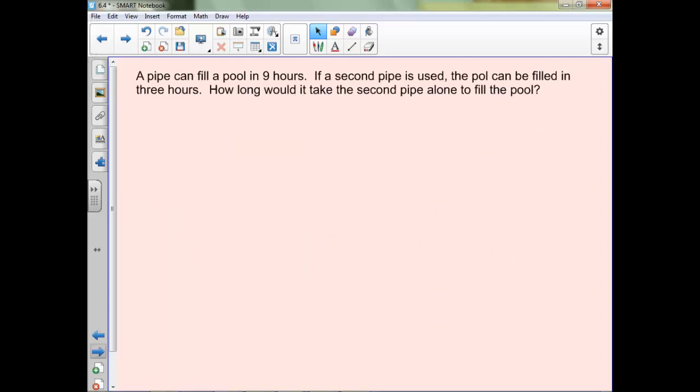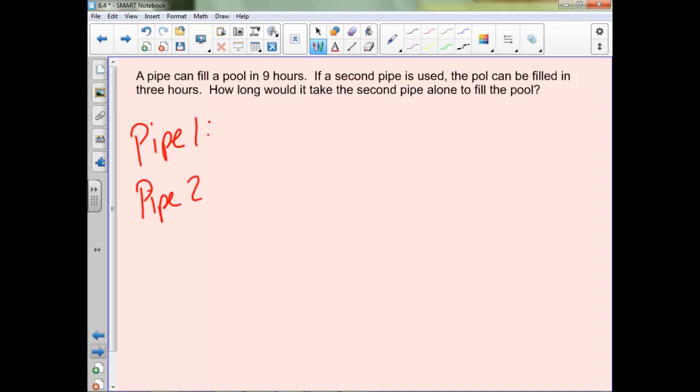Alright, so now we're talking about a couple pipes, and they're filling a pool. So a couple things. We've got pipe 1 that we're dealing with, pipe 2 that we're dealing with, and what they can do together. The rate for pipe 1, it can do one pool in 9 hours.